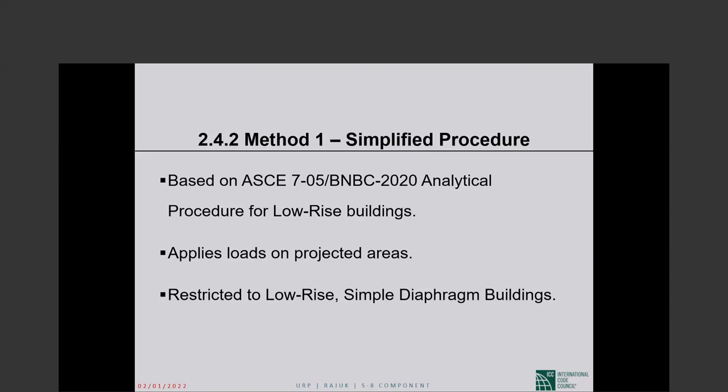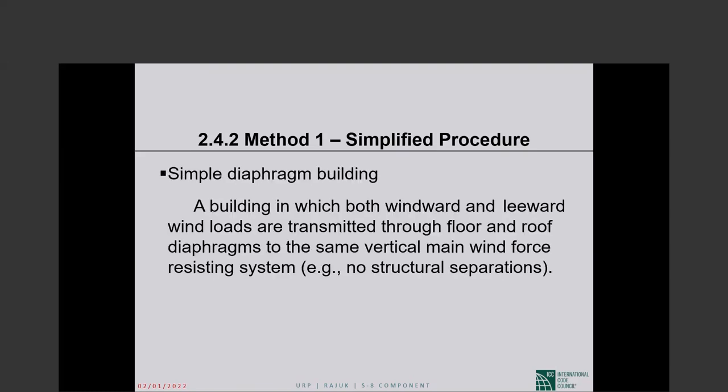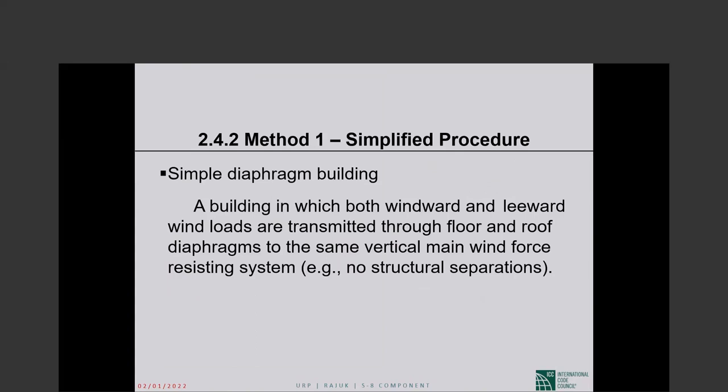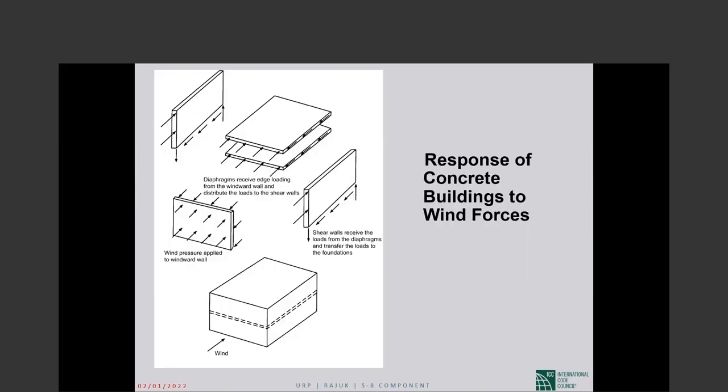It is restricted to low-rise buildings as defined in ASCE 7 or BNBC, simple diaphragm buildings. I showed you a definition before. This is in words also. Let me cut to the chase and tell you exactly what a simple diaphragm building is.